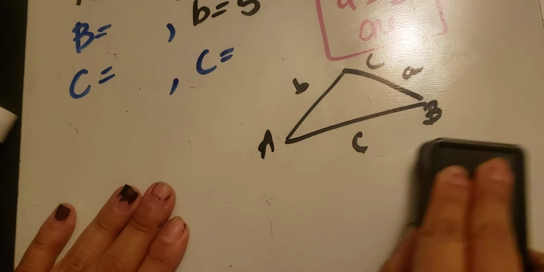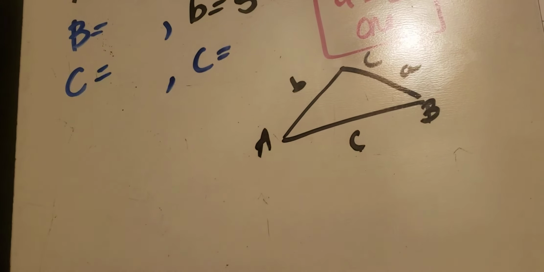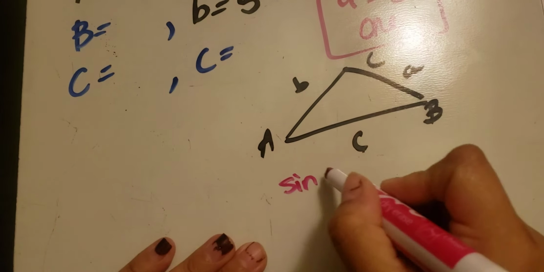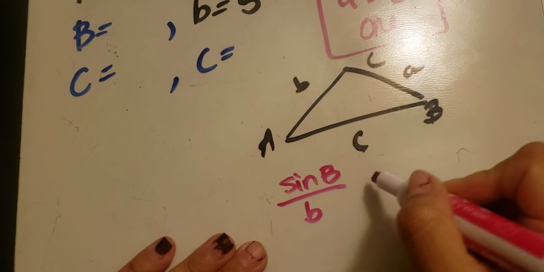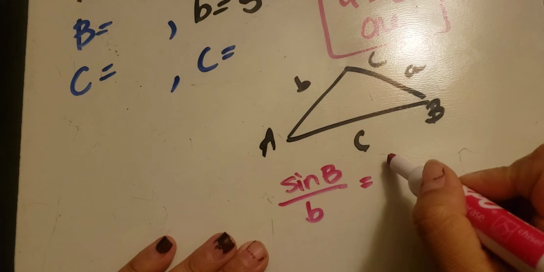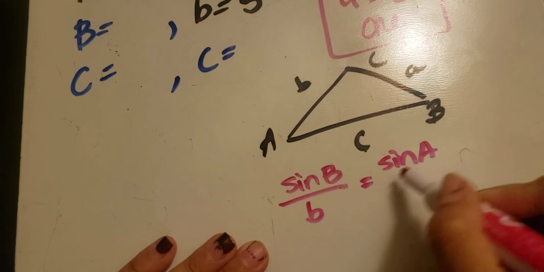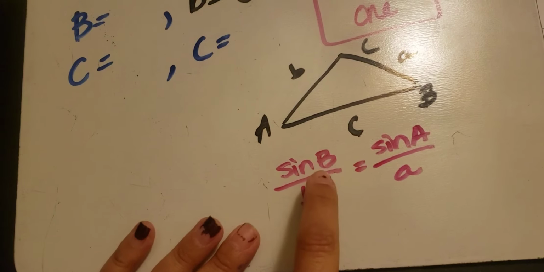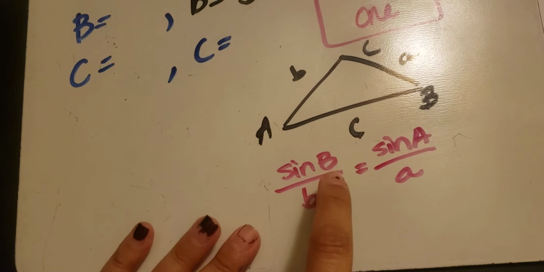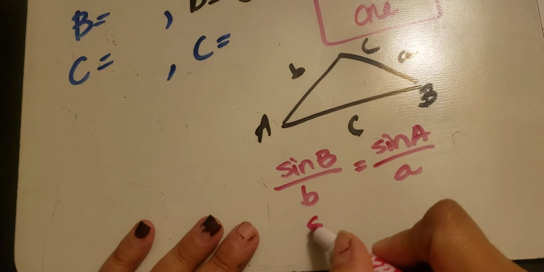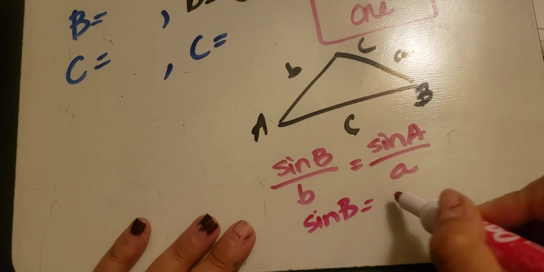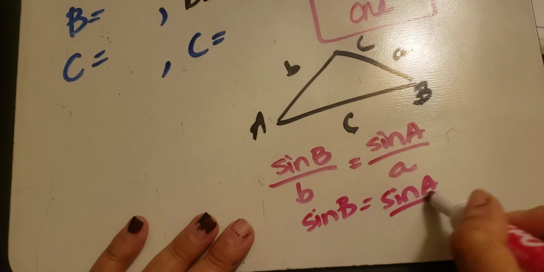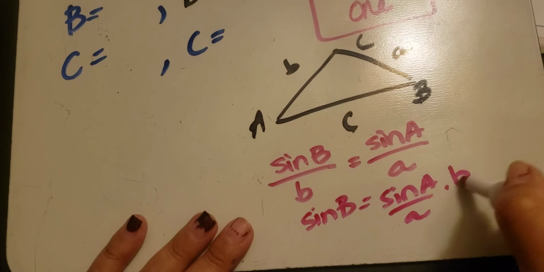So I'm going to erase this, and I'm going to write, ready? Sine of B over b equals sine of A over a. I'm going to isolate sine of B because I'm trying to find that angle. So now I'm going to write sine of B equals sine of A over a times b.